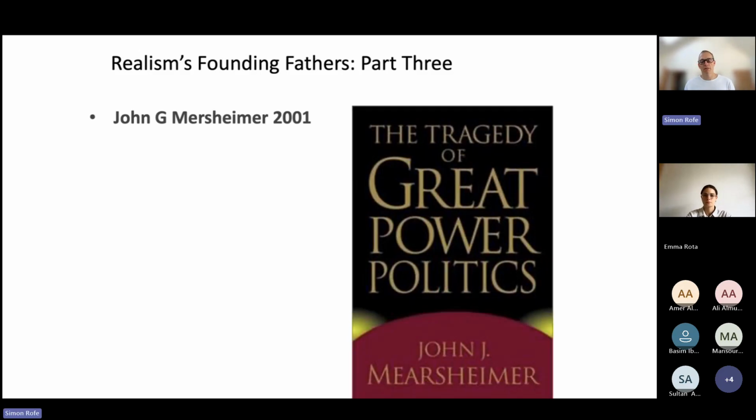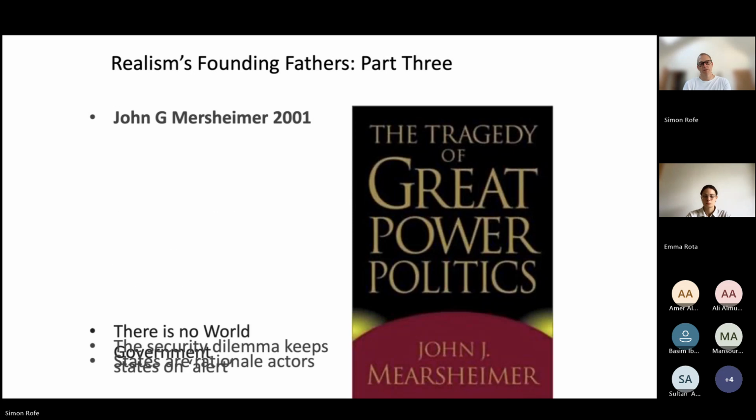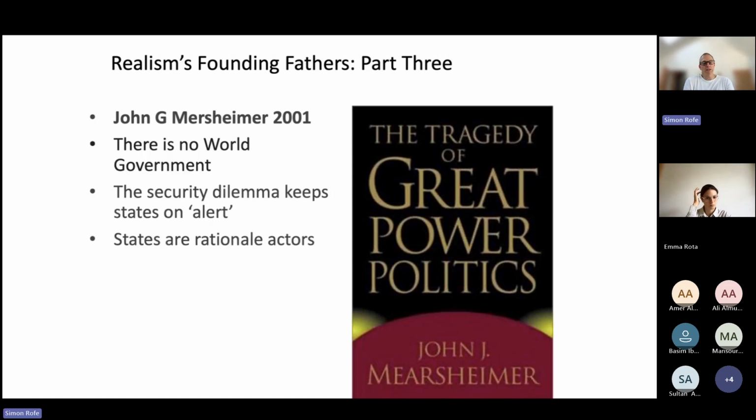More recently, John Mearsheimer, an American scholar, wrote this book at the turn of the millennia, The Tragedy of Great Power Politics. And Mearsheimer's argument is that power matters. Power is the key aspect of international affairs.